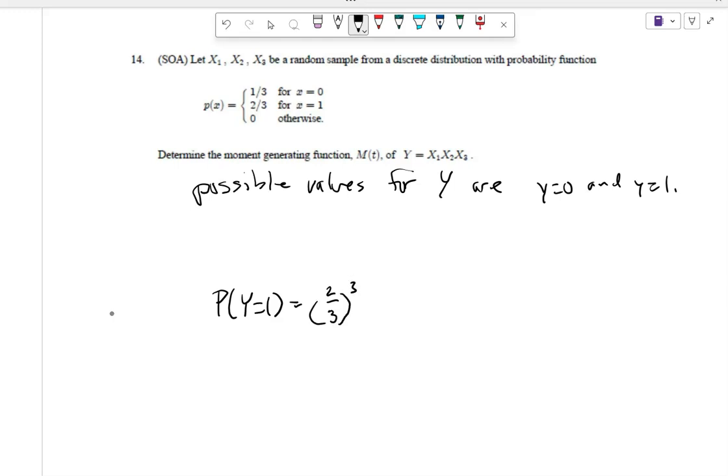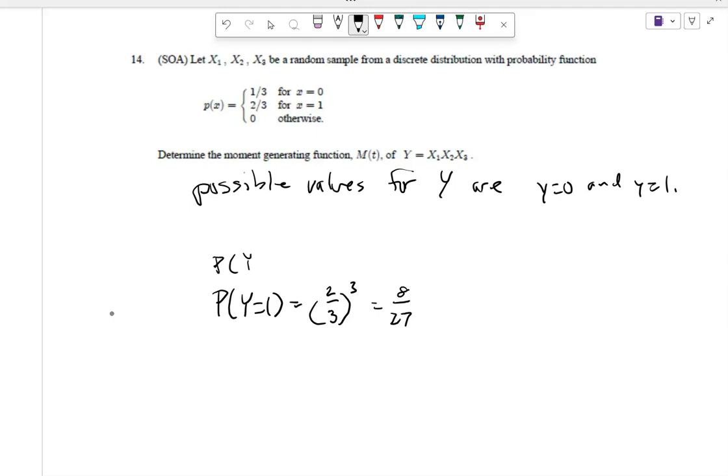Exactly right. Remember again, I told you it was a random sample. Random sample is just a fancy way to say independent for us right now. x1, x2, x3 are independent. So in order to get y being 1, x1 has to be 1, x2 has to be 1, and x3 has to be 1. So we multiply the probabilities together. And so that gives you 8/27.